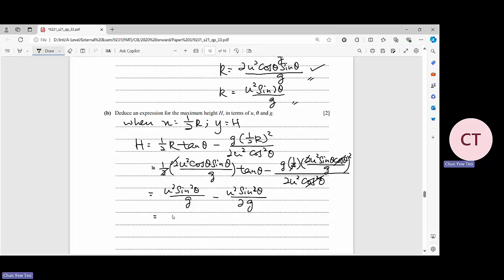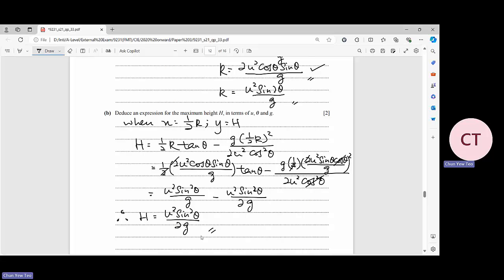Then if you minus it, you get half u square sine square theta. You just get the answer as u square sine square theta over 2g. Therefore, that is your maximum height.